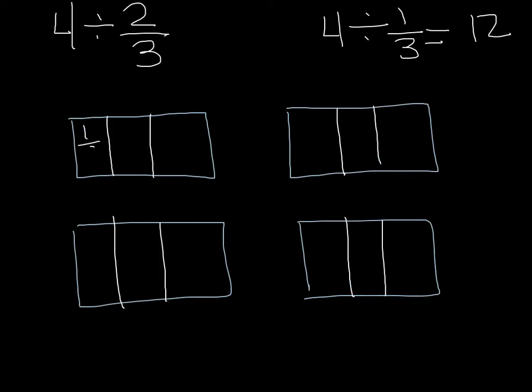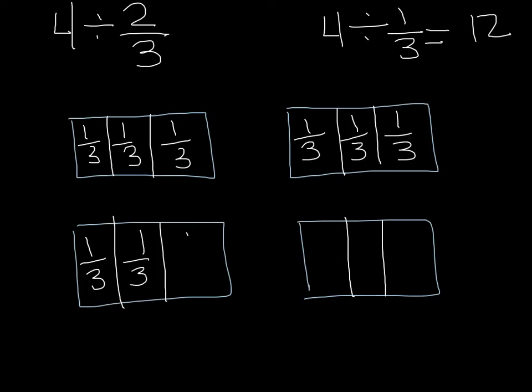Each one of these represents 1/3, and as I go through this, I notice obviously there are 3/3 in each whole, because 3/3 equals 1 whole. And if I count all of these, I'm going to get 12, which is what we just spoke about. There are 12 1/3 in 4.